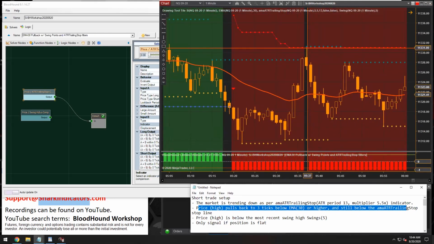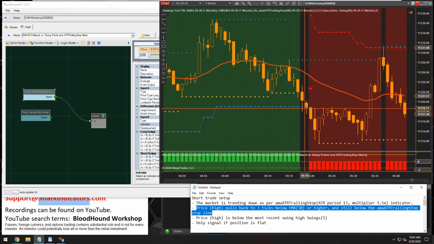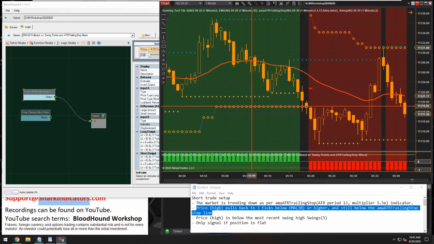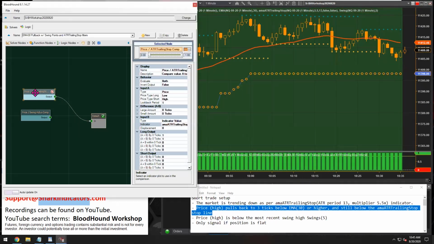Here we go, even in some situations like this, we can see the high of the bar went above the ATR trailing, and that violates the second rule, so it would disqualify a signal there. And here we have a couple more bars where the low broke below the ATR trailing stop, so there you go, no output. Okay, so good. We made this little adjustment to actually use the high and low prices for this.